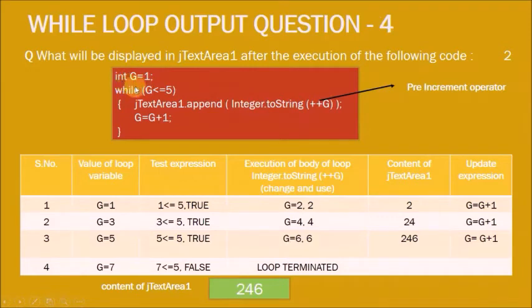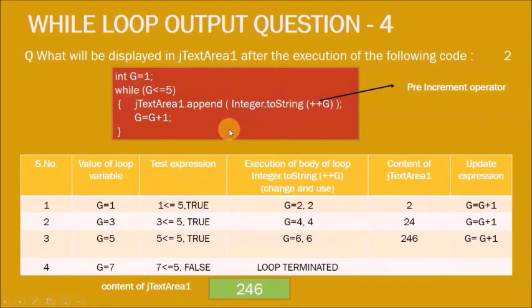You can see int g is equal to 1, while g less than equal to 5, JTextArea1.append Integer.toString(++g) and g is equal to g plus 1. So as this is a pre-increment operator, first the value of g will change and then the changed value is used by this expression or this method.